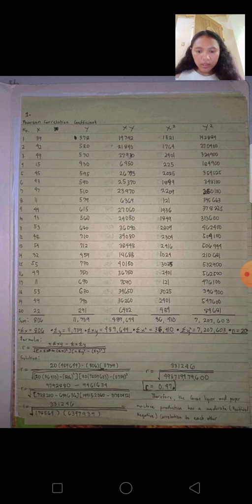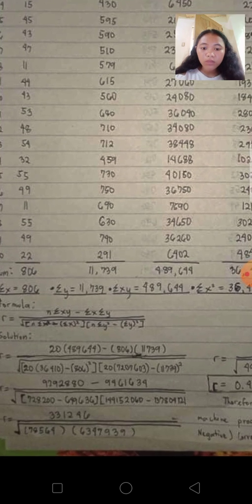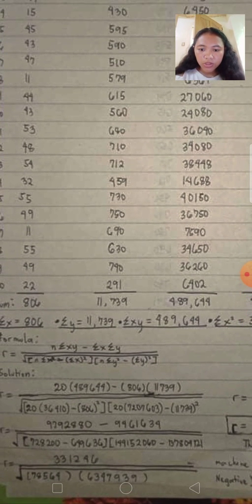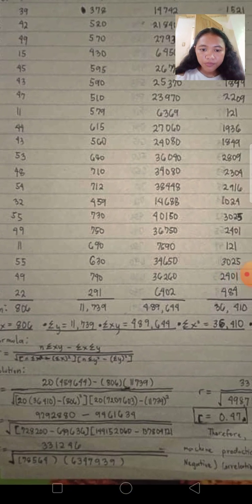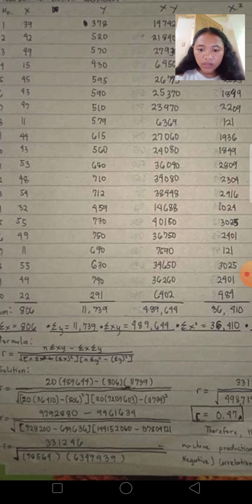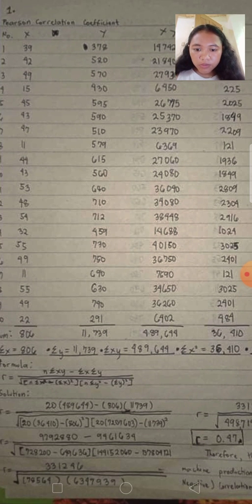And then, ang total population sa baba na part is 20. Tapos, ang summation of x squared, which is 36,410, subtracted to the summation of x to the power of 2, which is 806.